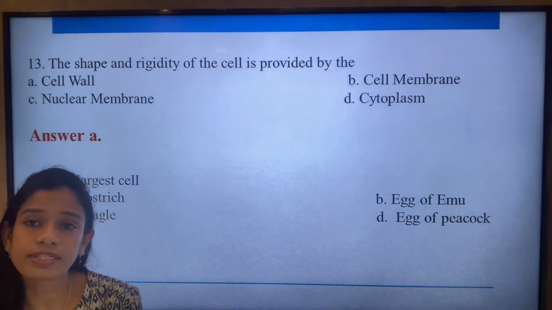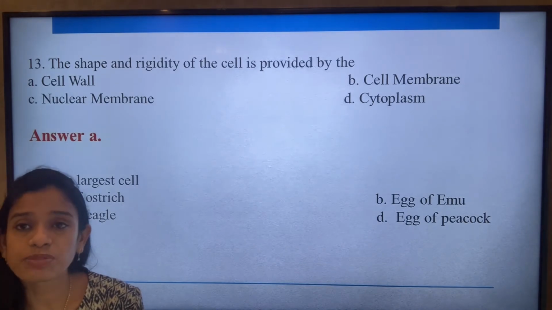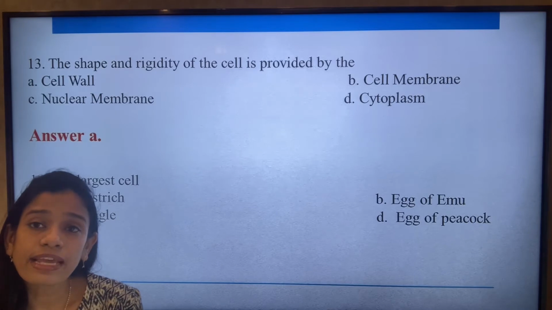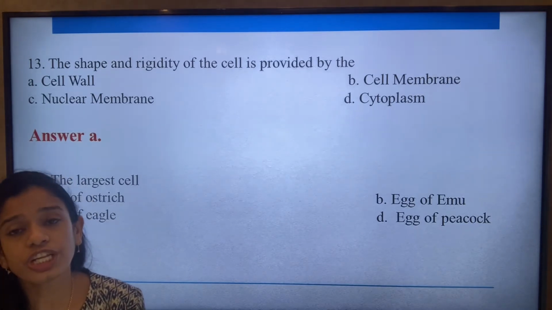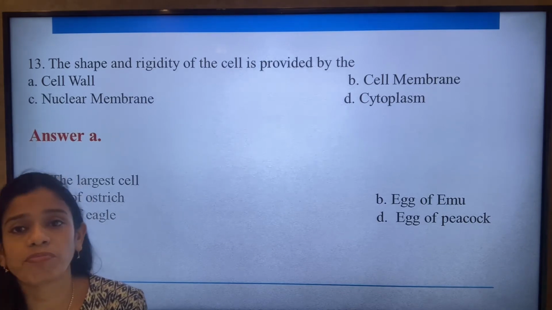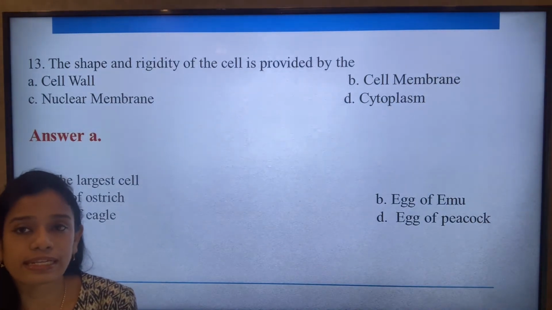So the largest cell is that of egg of an ostrich, which is the biggest bird, and it has the largest egg. That is the single cell. This egg, only after fertilization, it becomes diploid in number, that is 2n in number. Previously it is always n, or it is a single cell.